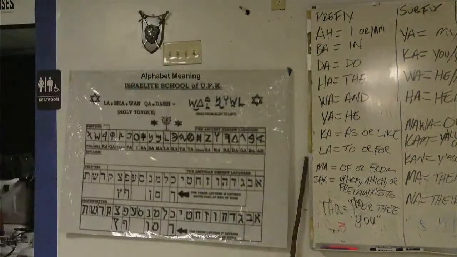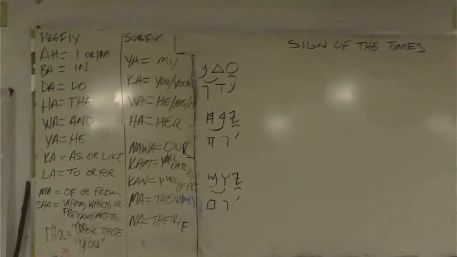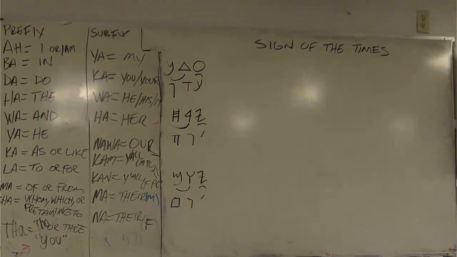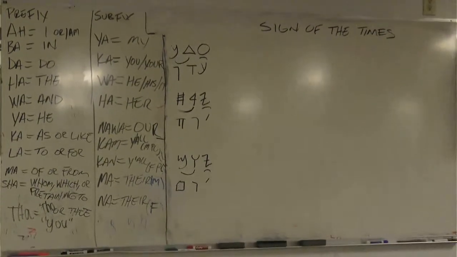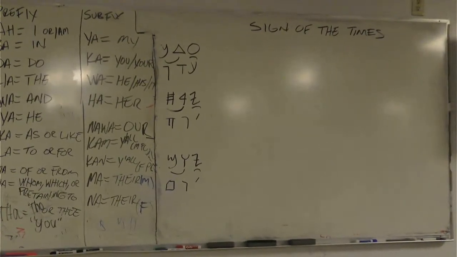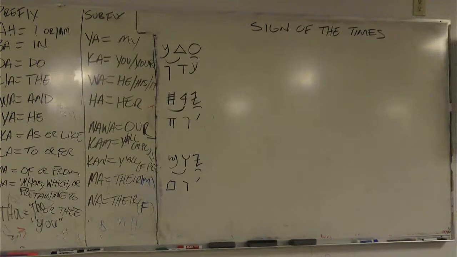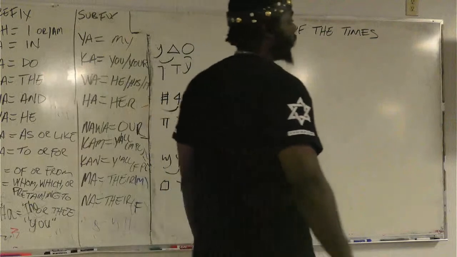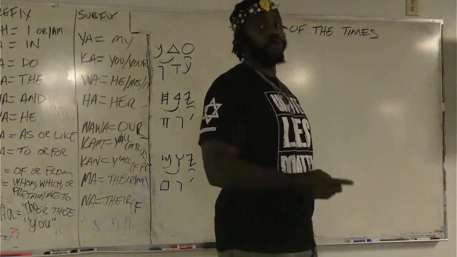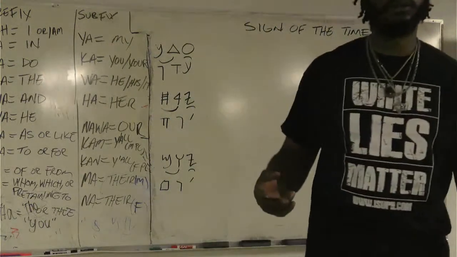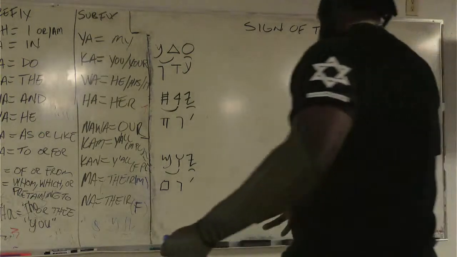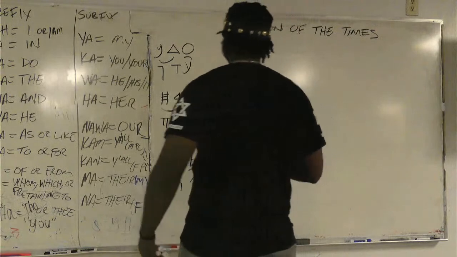So we're going to pick up where we left off. This class is entitled Sign of the Times. We've gone over days, gone over months, so now we need to be able to tell the signs of the time.